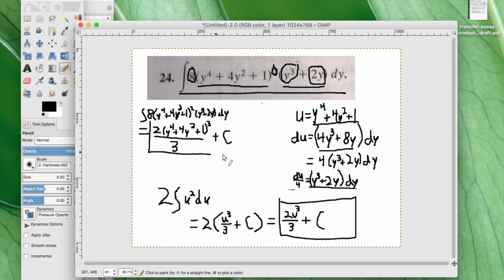For most classes, you're not going to have to simplify this. If you input this integral into Wolfram Alpha, chances are you might get a simplified version of it, but in most classes, you won't have to simplify this, honestly. This should be the correct answer.